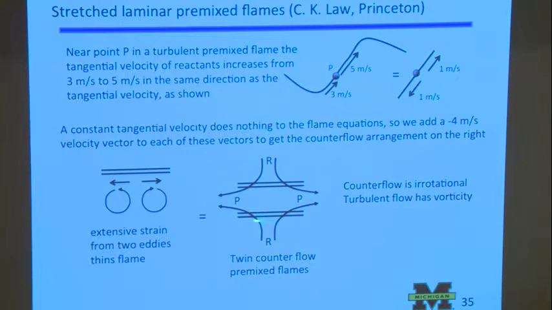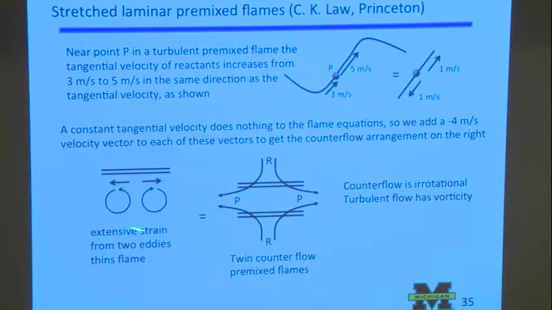In this case, it's premixed, so we would have reactants coming up and going like this, about 1 meter per second at the flame front going out here, and 1 meter per second going this way. To do this in the lab, we'd have to have it symmetric, so we would have products going out. And this would be a twin flame.